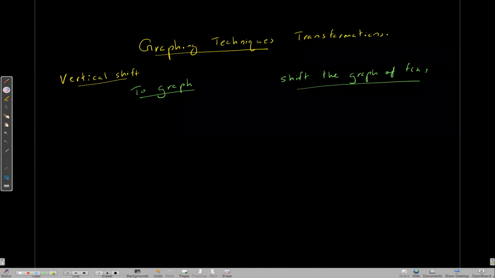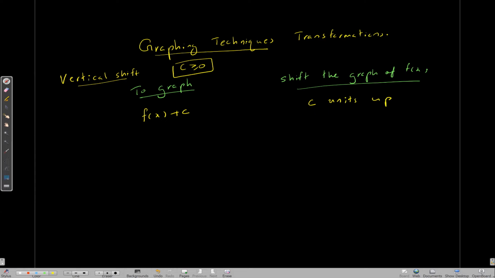If you want to graph f of x plus c, so f of x and after that plus c, what you need to do, assuming our c is a positive number, is shift c units up, and to graph f of x minus c, shift c units down.